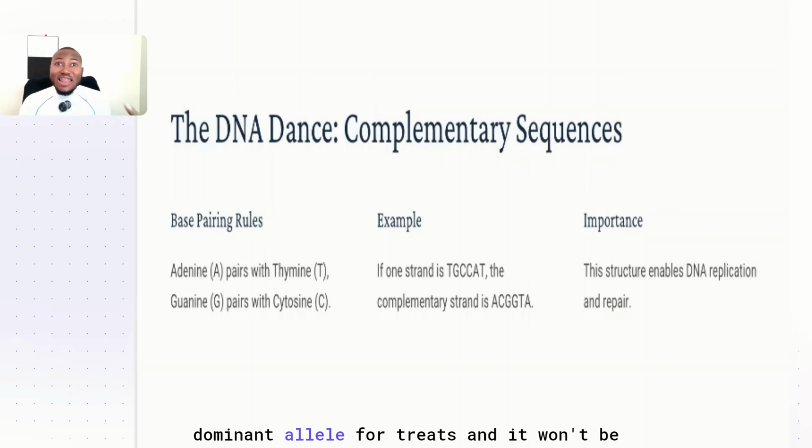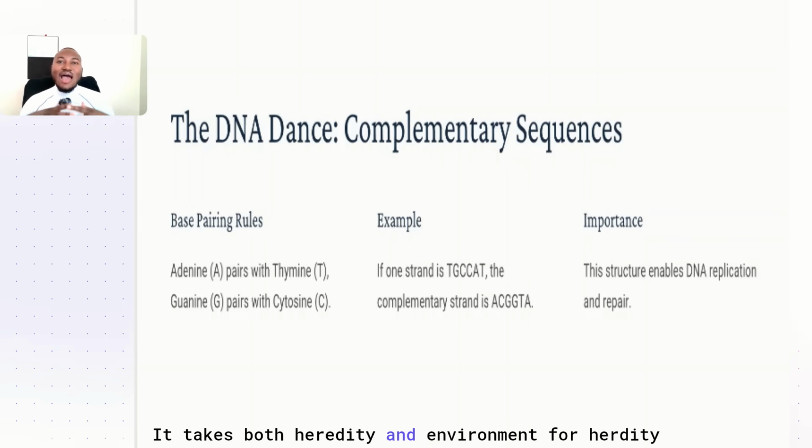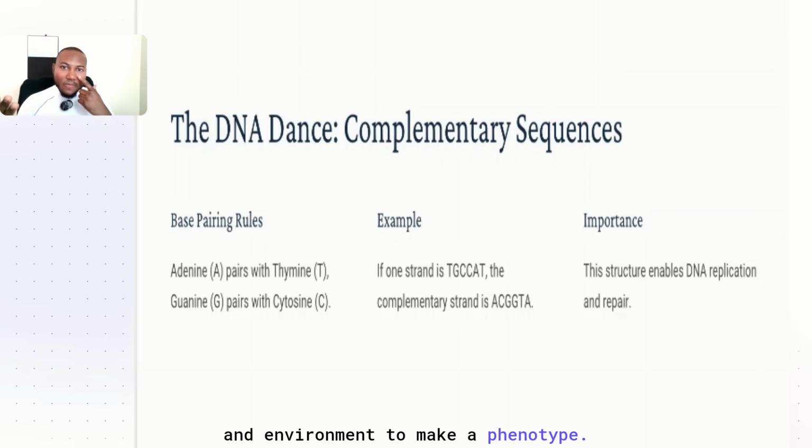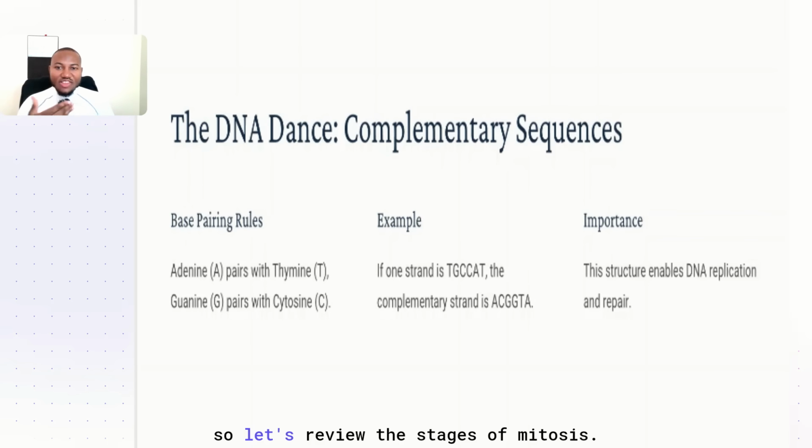Sometimes you have a dominant allele for a trait and it won't be expressed because of penetrance, because environmental factors affect alleles a lot, right? It takes both heredity and environment to make a phenotype. So genotype and environment make up what? A phenotype. All right? So let's review the stages of mitosis.